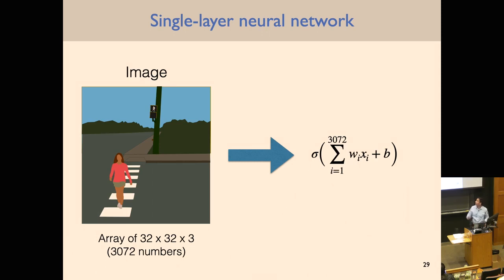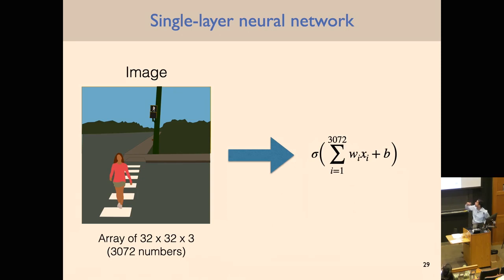What I'm going to describe is just the computation that a single layer of a neural network does, and then we'll see how we can make this computation more rich. Focusing on single layer neural networks, this is the computation that I showed you before. We're taking each component of x and multiplying that by some weight w_i, and then summing over all the pixels, and also the three channels in the pixel.